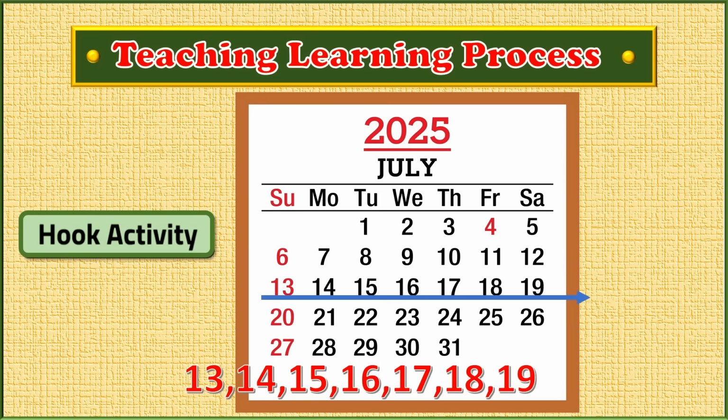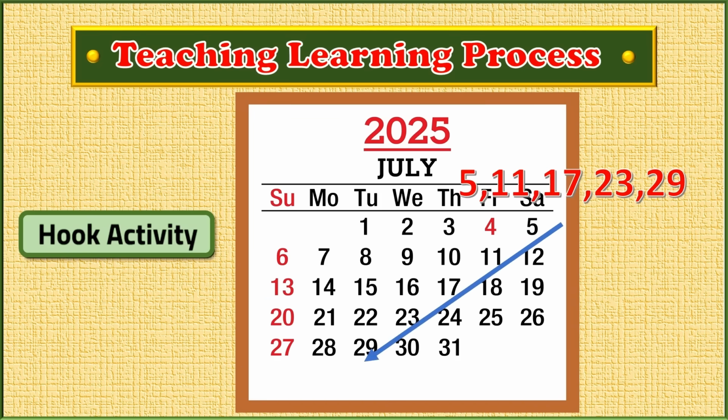Next, draw a diagonal line from top right to bottom left. Again we will see another pattern: 5, 11, 17, 23, 29.